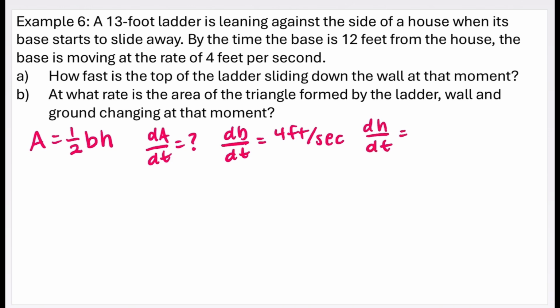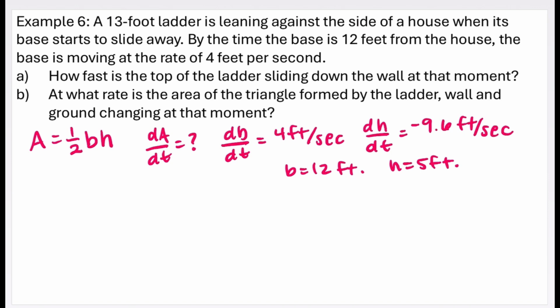That's what we just found. That was negative 9.6 feet per second. And this is when the base is 12. So B equals 12 feet. And I know also at that time H equals 5 feet.